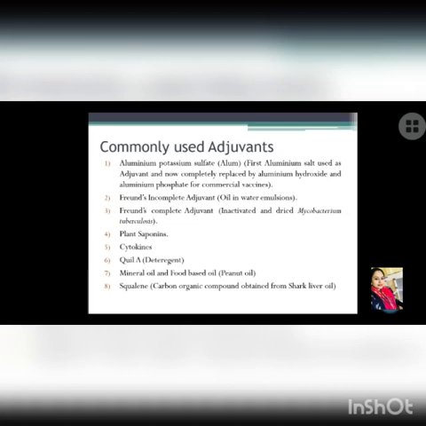There are certain adjuvants which are plant derived, like plant saponins, certain kinds of cytokines, Quil A, which is a detergent, certain mineral oils and food-based oils like peanut oil, and squalene, which is a carbon organic compound obtained from shark liver oil.